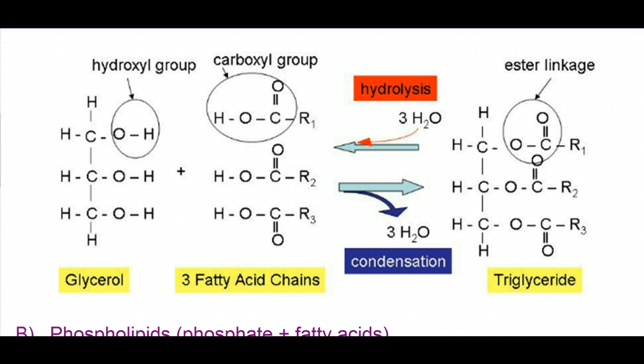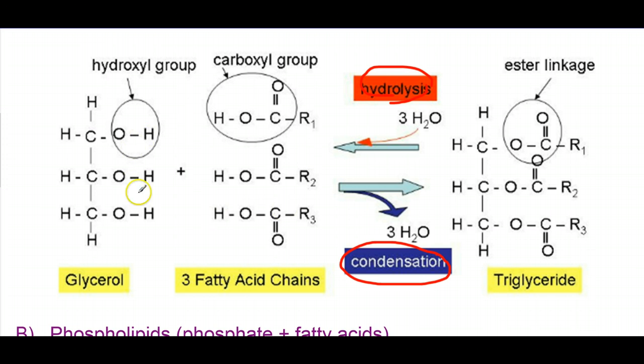Now, in order to understand how this happens, I want to bring you back to the 4 types of reactions that we talk about when we're talking about biochemistry. The first 2 reactions we dealt with were hydrolysis and the condensation reactions.